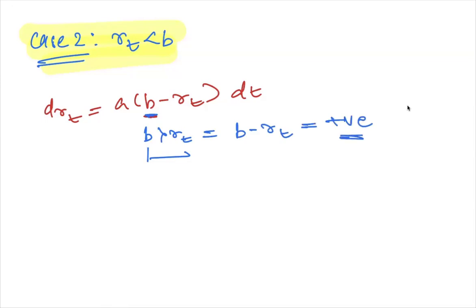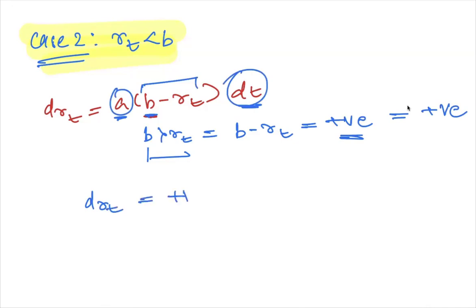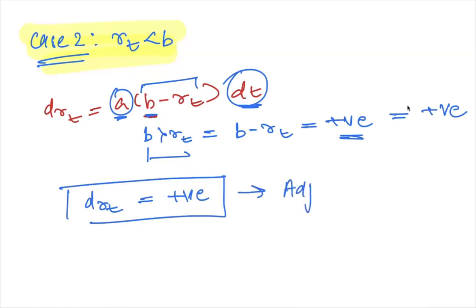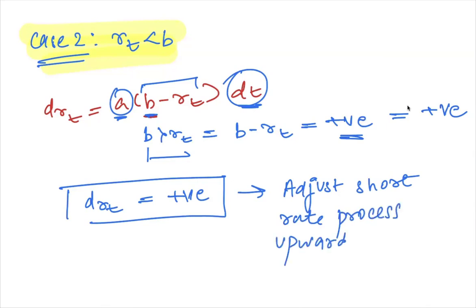When I multiply this positive with dt and A, dRT will be positive. So when dRT is positive, it will adjust the short rate process upwards.